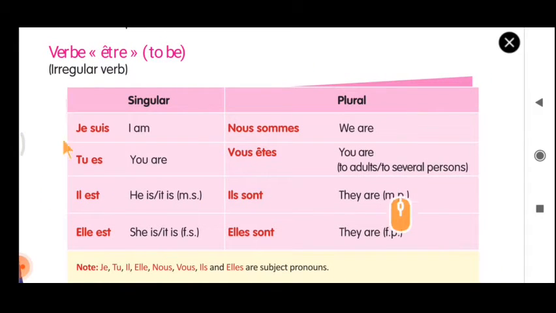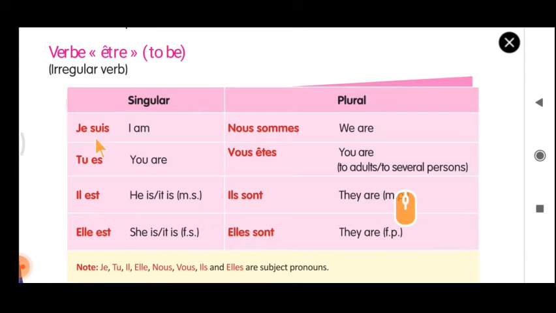So remember once again, the name of this verb is Etre verb and it is an irregular verb. What do you mean by irregular verb? The spelling will change from subject to subject. For example, here it is je suis, here it is tu es, and here it is il est, elle est. The spelling is suis.